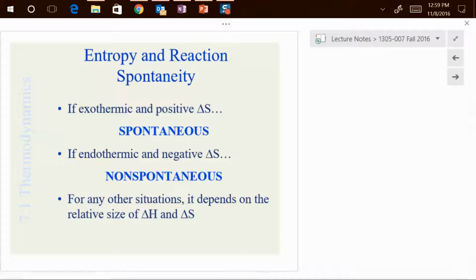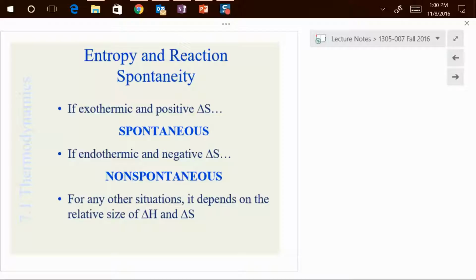Okay, so if it's exothermic and positive delta S, then that will always be spontaneous because we're releasing energy and it's becoming more disorganized. Those two things go hand in hand. They're the most spontaneous things. Disorder is spontaneous. Releasing energy is spontaneous. So you couple those two things together and you get a spontaneous process.